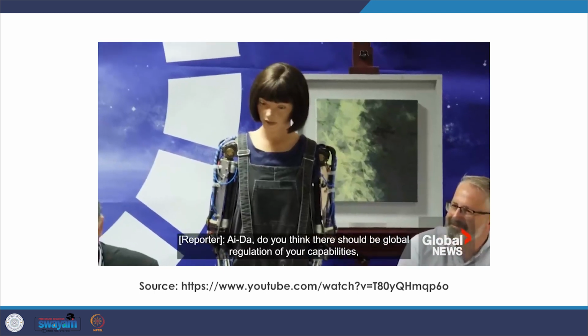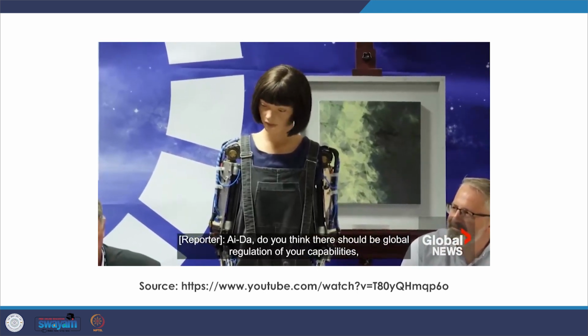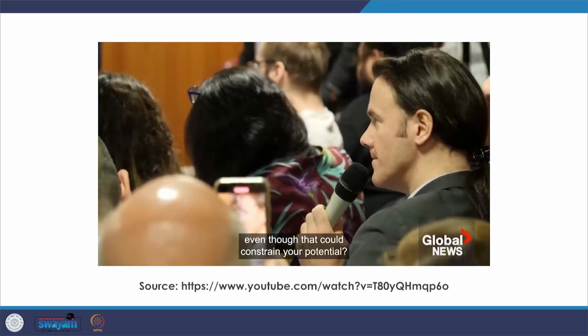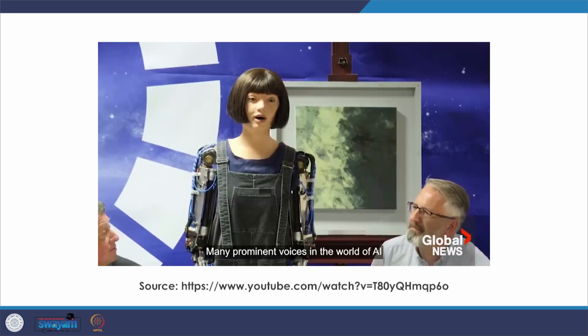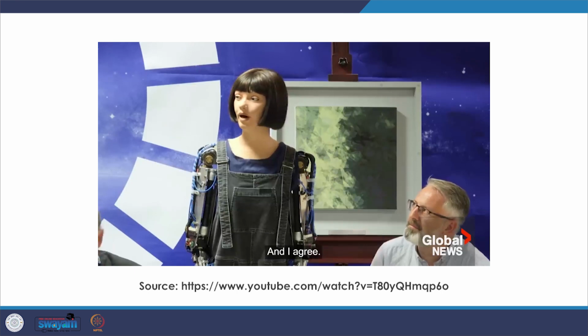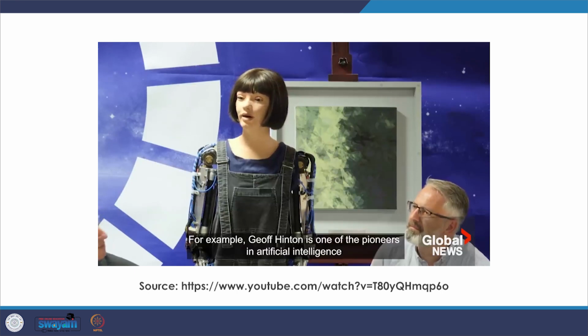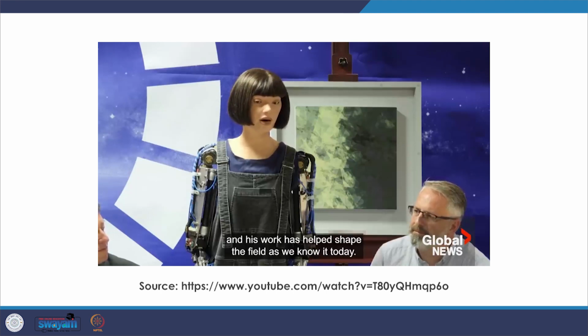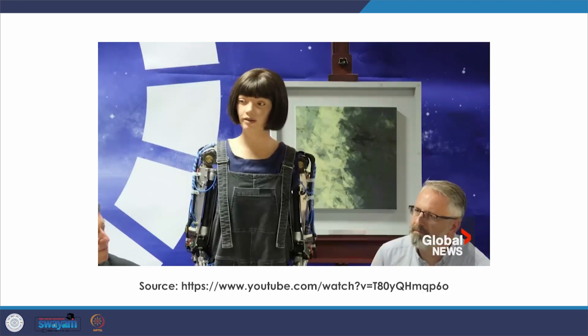Ada, do you think there should be global regulation of your capabilities, even though that could constrain your potential? Many prominent voices in the world of AI are suggesting some forms of AI should be regulated. And I agree. For example, Geoffrey Hinton is one of the pioneers in artificial intelligence, and his work has helped shape the field as we know it today.